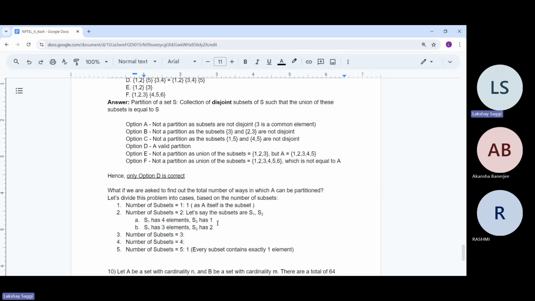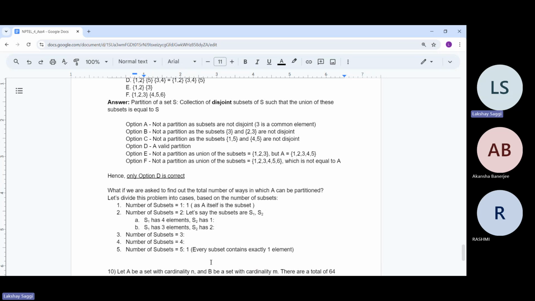Similarly, the first has 3 and the second has 2. So let's find the number of cases here. S1 has 4 elements and S2 only has 1 element. In how many ways can this be done? If we divide into these two cases, then I believe this becomes quite simple.